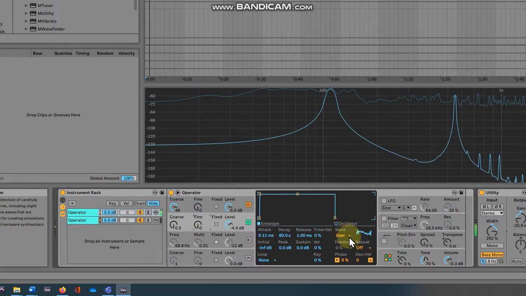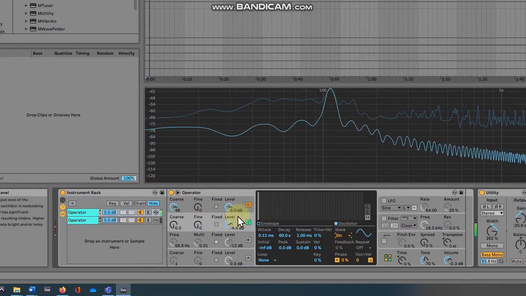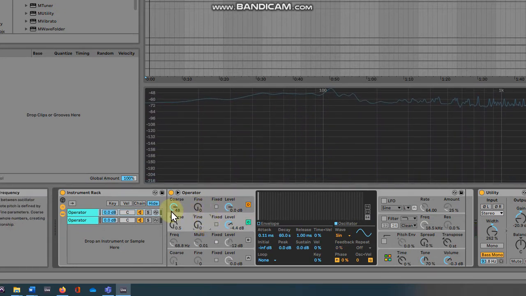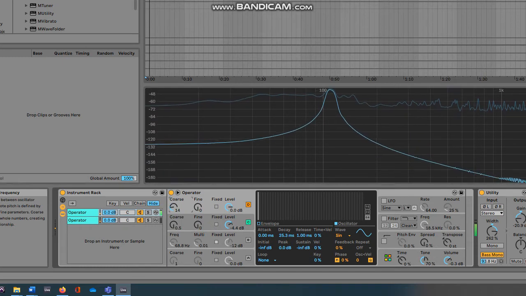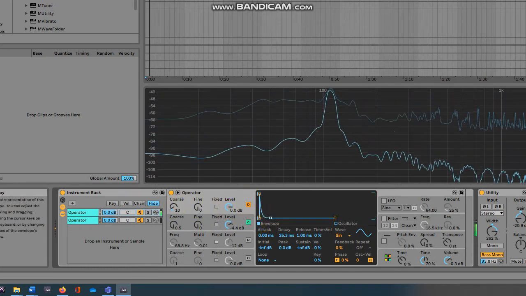If we go back to a sine wave here, we can see how this affects that with this envelope.